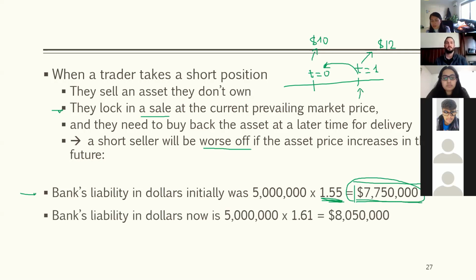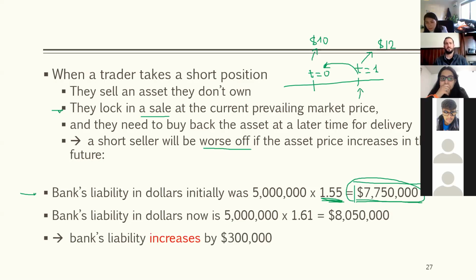Now, in reality, the pound has appreciated to 1.61. That means when I buy back the pounds later on for delivery, I'm going to buy back at 8.05 million, meaning I have increased the liability by about 300,000. Does that make sense?